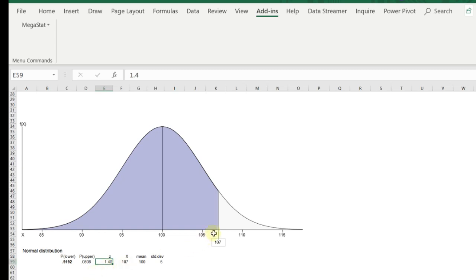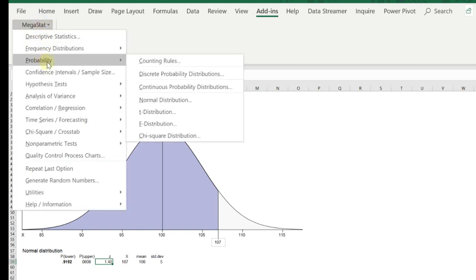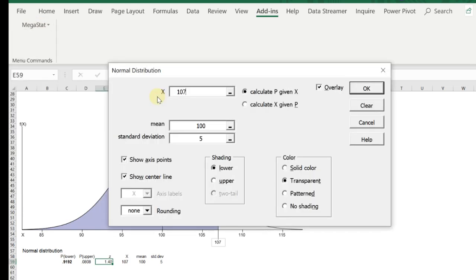Now, the area to the left of that is 0.9192. Okay, now we want between 96 and 107. So everything that's below 96 right in here is extra. It's the excess. We don't need it. So I'm going to go to Stat, Probability, Normal. This time, make sure it's overlaid. If you want to find probability between two scores, you keep that overlay.